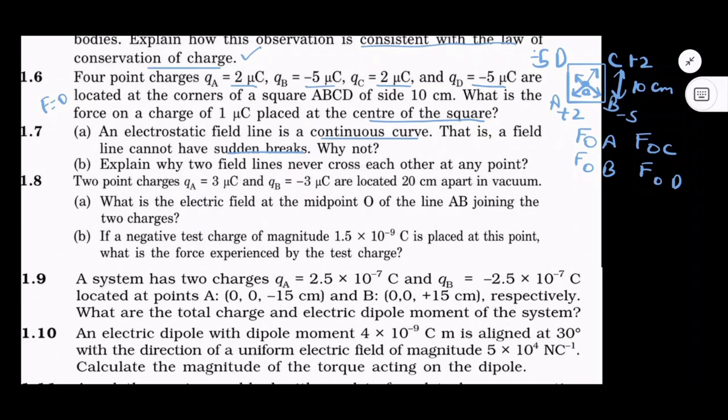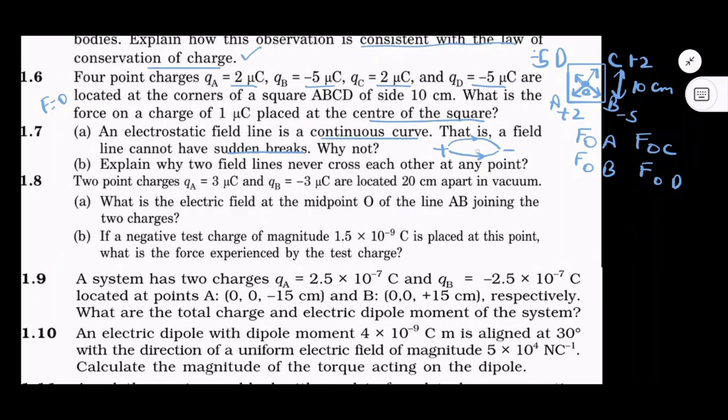Suppose we have a positive charge and here a negative charge. The field lines moving from the positive charge to the negative charge all over the region are continuous in nature, and they cannot have a break.